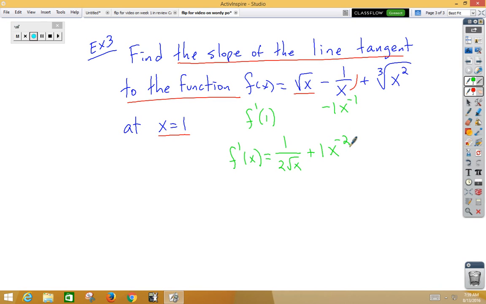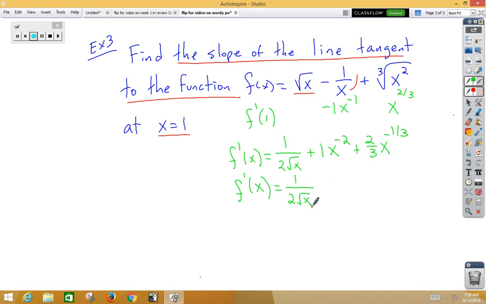This third term we want to think of like x to the 2/3 power. When we do the derivative of that, we would have 2/3 x to the negative 1/3. It might be useful at this point to write this in a slightly alternate way. I like my first term, 1 over 2 root x.